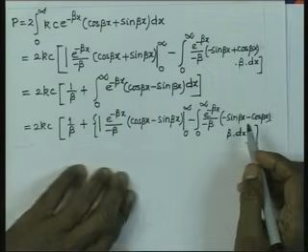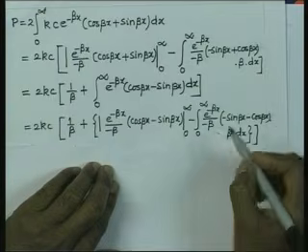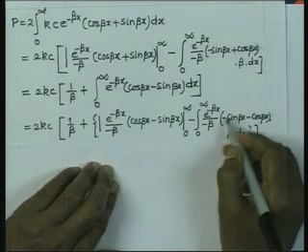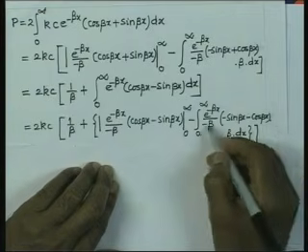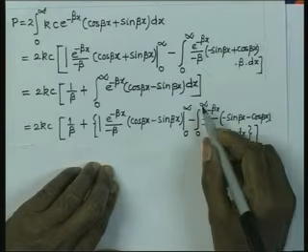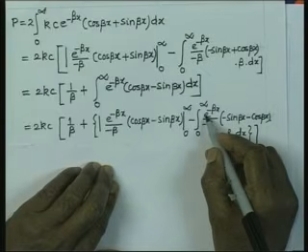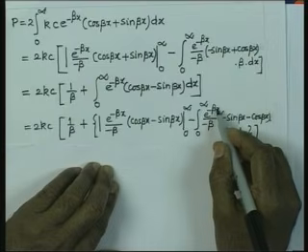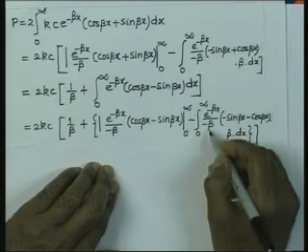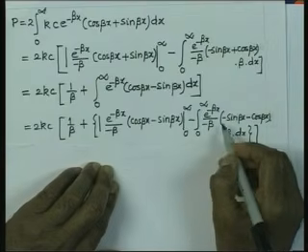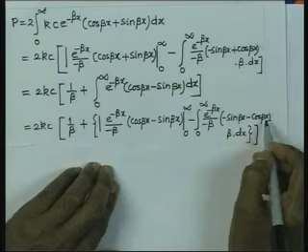Now, look at this. This one comes out to be, this minus will be absorbed. So, they will cancel, and therefore, we are going to have integral 0 to infinity e to the power minus beta x by beta, and this beta is going to cancel with this beta, into sin beta x plus cos beta x.